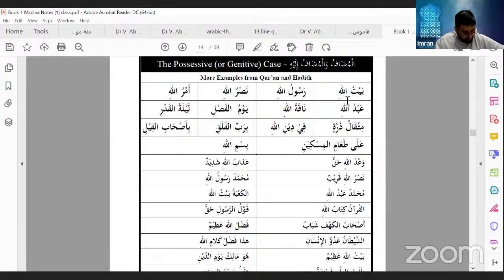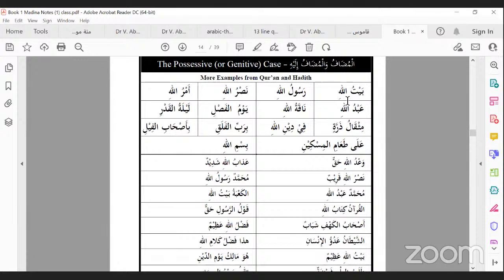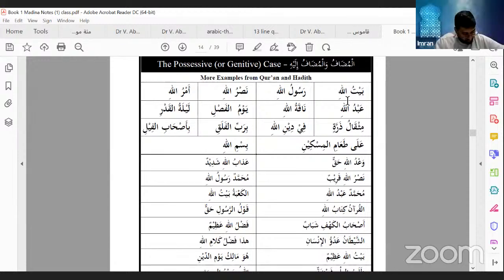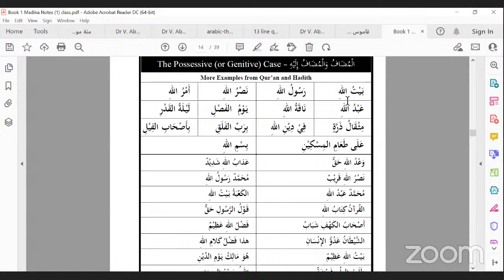Means the messenger of Allah. Nasrullah, helper of Allah. Nasru is the mudaf and Allah is the mudaf ilayhi. Abdullahi, servant of Allah. Abdu is the mudaf and Allah is the mudaf ilayhi. Naqatullahi is the female camel of Allah. So Naqatu is the mudaf and Allah is the mudaf ilayhi.